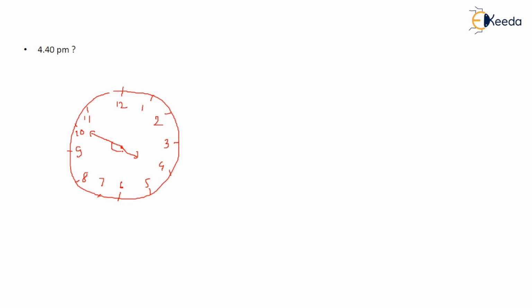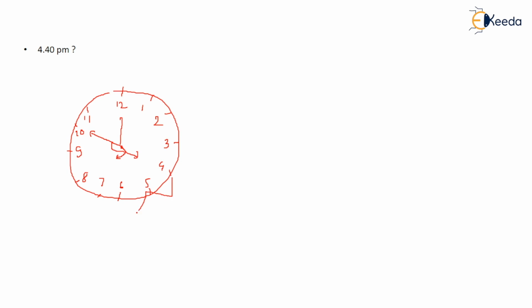Okay, so at exactly 4 the hour hand will be at 4. But as the minute hand moves ahead 40 minutes, the hour hand also moves ahead, right? It moves in which direction? This direction, right? So this angle will be reduced somewhere.